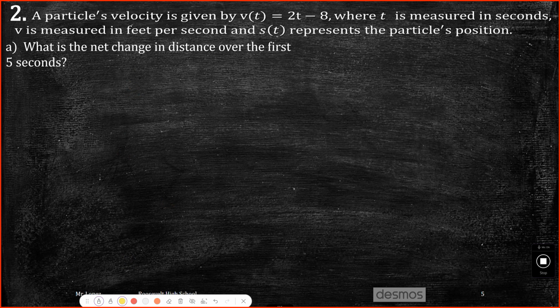All right, let's move on. Let's do some problems dealing with this. A particle's velocity is given by v of t, where t is measured in seconds, v is measured in feet per second, and s of t represents the particle's position.